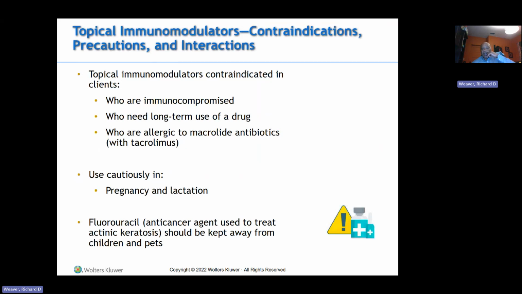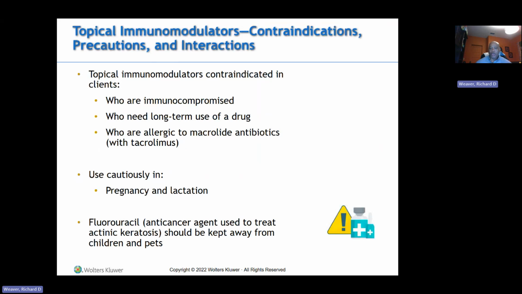All right. Now, although not an immunomodulator, the medication is called fluorouracil. Take a look at it in my notes. I'll go ahead and highlight that one as well, so you can take a look at it.